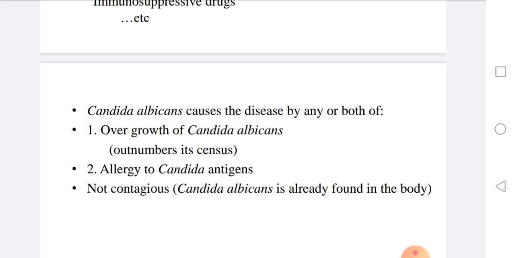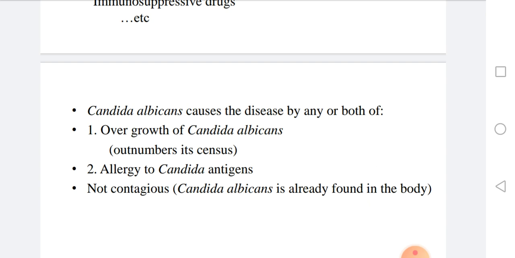Allergy to Candida antigens, that's a hypersensitivity against Candida antigens. The two, one and two, may be combined in a disease condition.